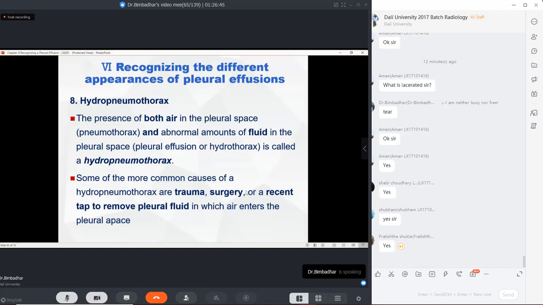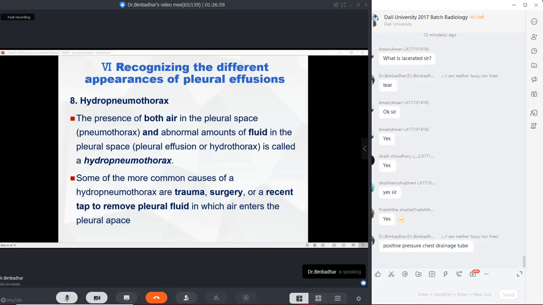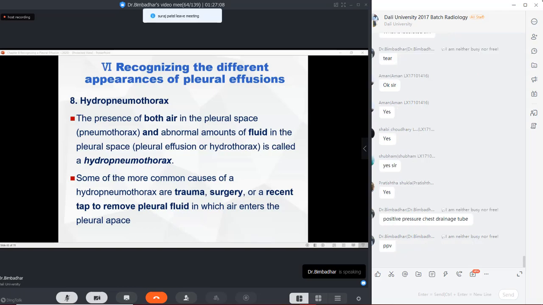or inserted a tube, which is called a chest drainage tube. Okay, positive pressure chest drainage tube, or we call it positive pressure ventilation that has been created.